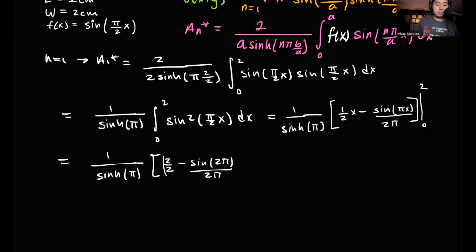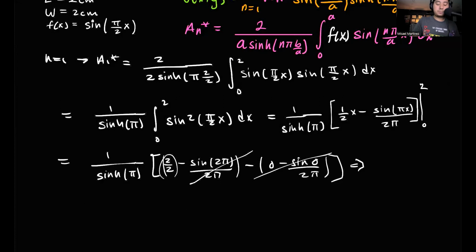And this will be minus 0 minus sine of 0 over 2 pi. And of course, sine of 2 pi is 0, and 2 over 2 is just 1. So we are left with a1 star equals 1 over hyperbolic sine of pi. This is what we get for our solution.